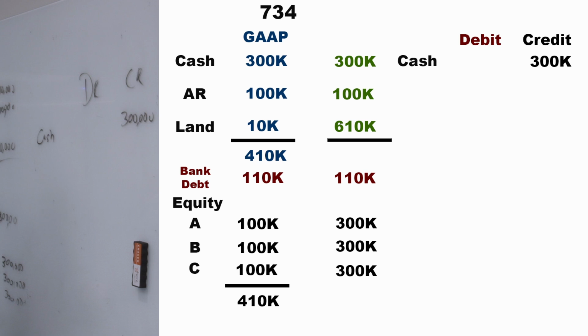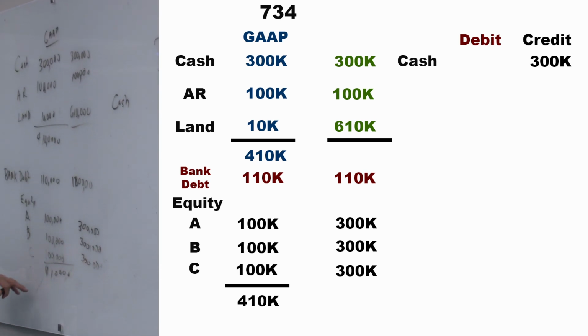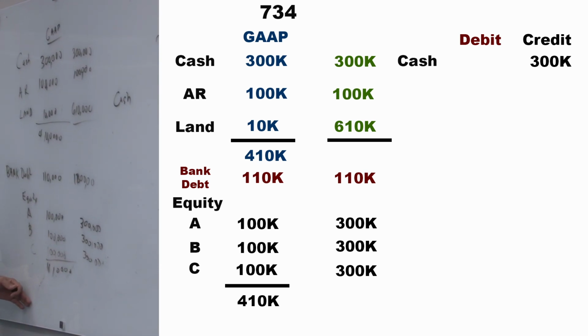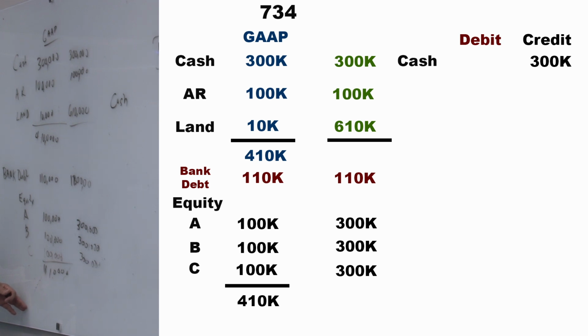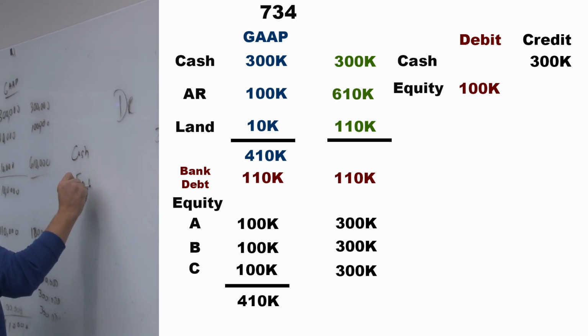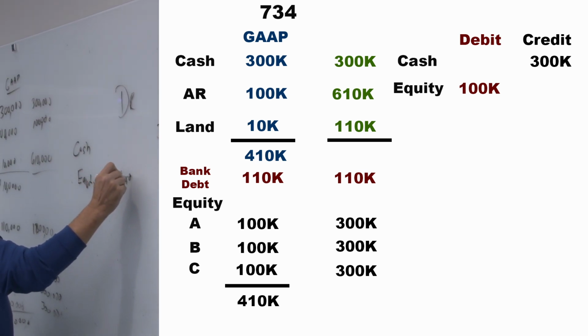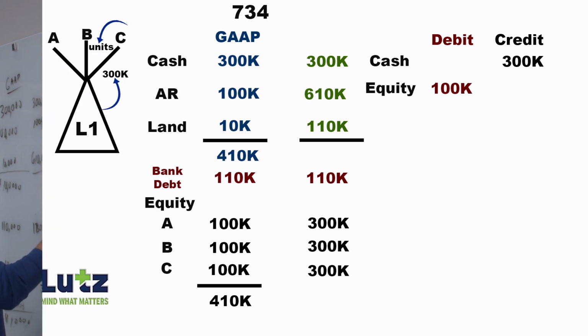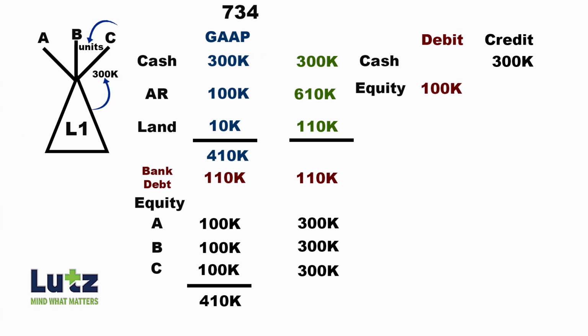Okay, and we know C is no longer going to exist in the entity, so we have to eliminate C's equity from this deal. So equity, is that a debit or credit? Debit, a debit of 100,000. And going through the process, you have to ask what's my GAAP basis versus tax basis?